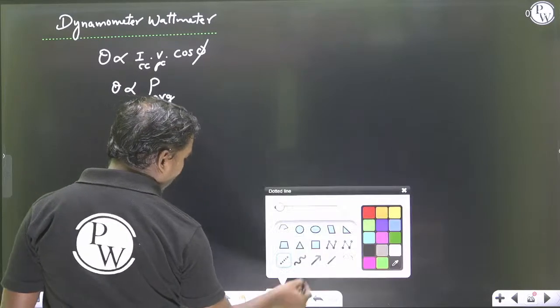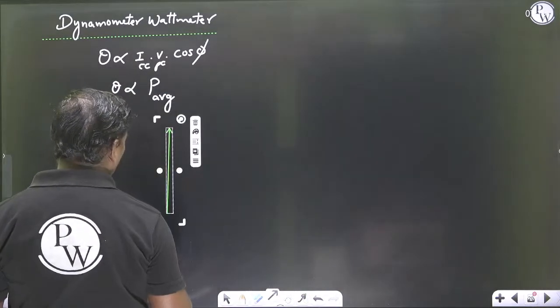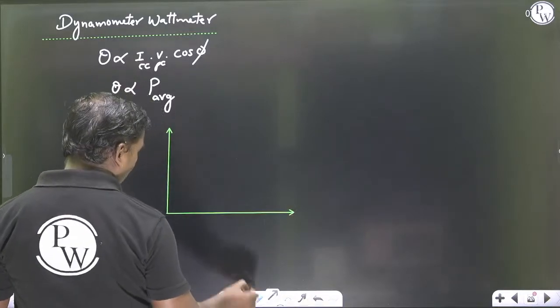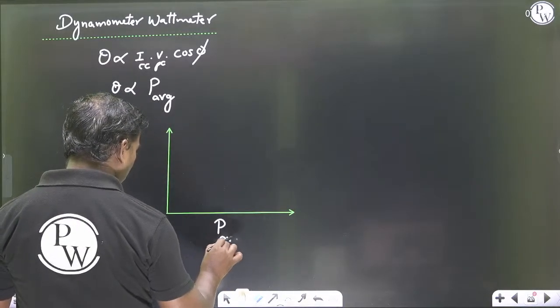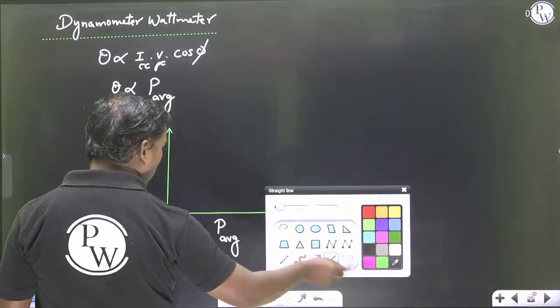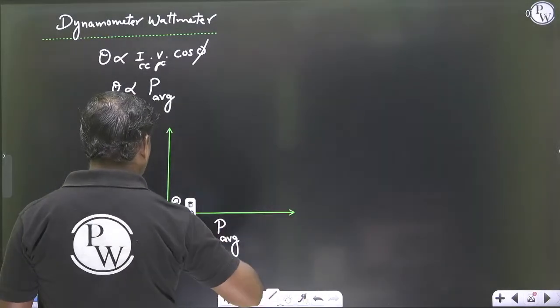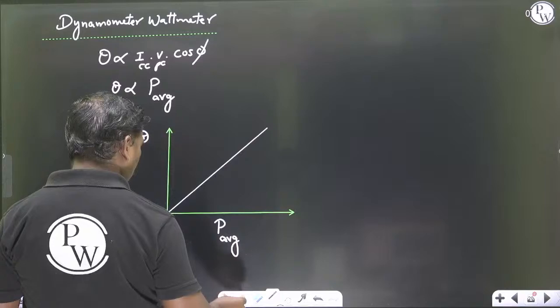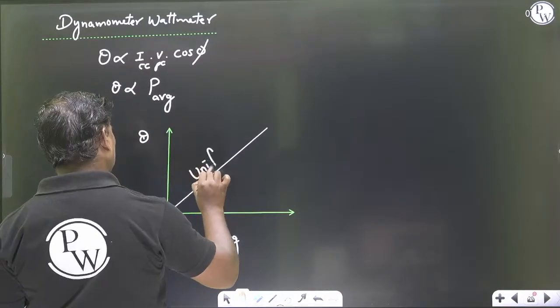So if I draw the scale with P average and theta, the scale is going to be a uniform scale.